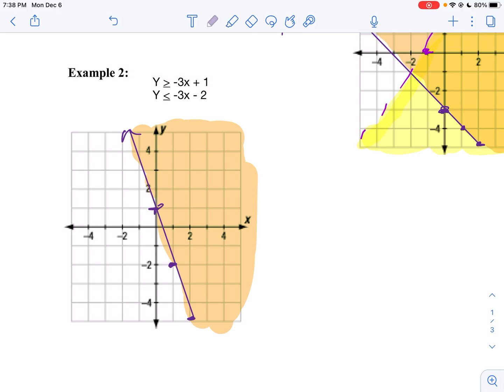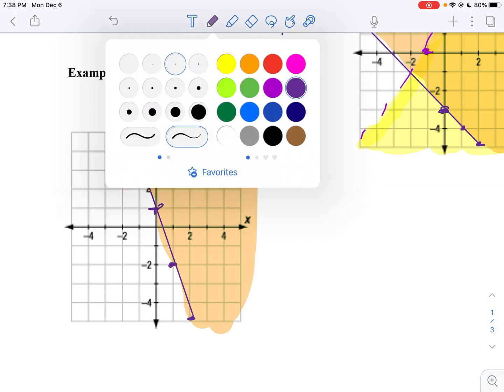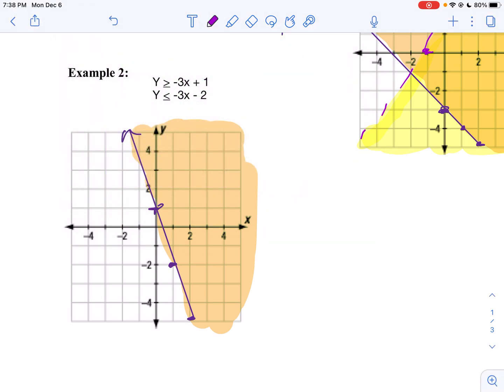And then I'll do my next inequality. That has a y-intercept of -2. It also has a slope of -3, so I'm going to go down 3 and over 1. I could also go up 3 to the left 1. And then I'll draw my boundary line here.